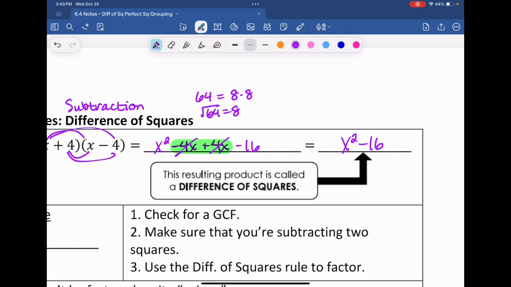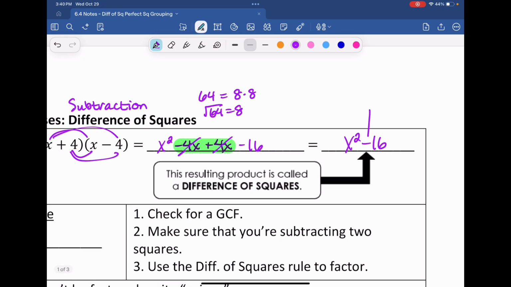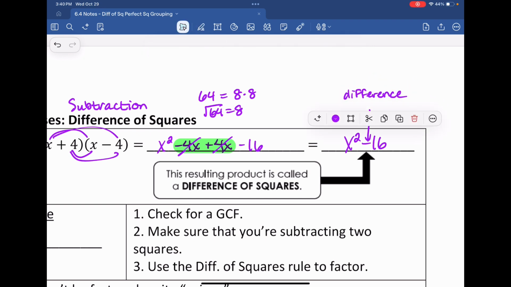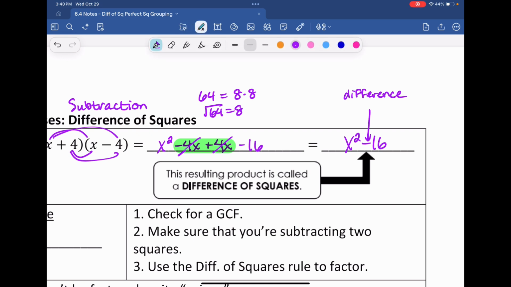All right, now the difference, remember, subtraction. And then 16 is a square because the square root of 16 is 4. X squared is a square because the square root of x squared is x.